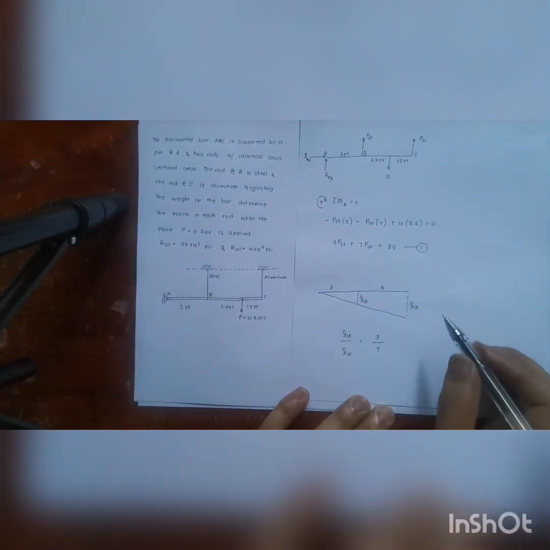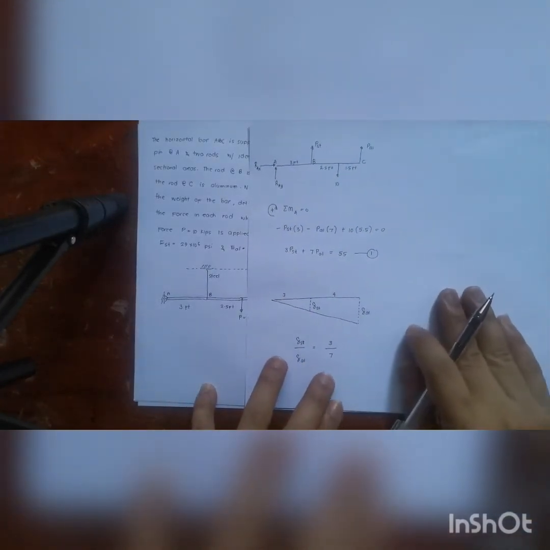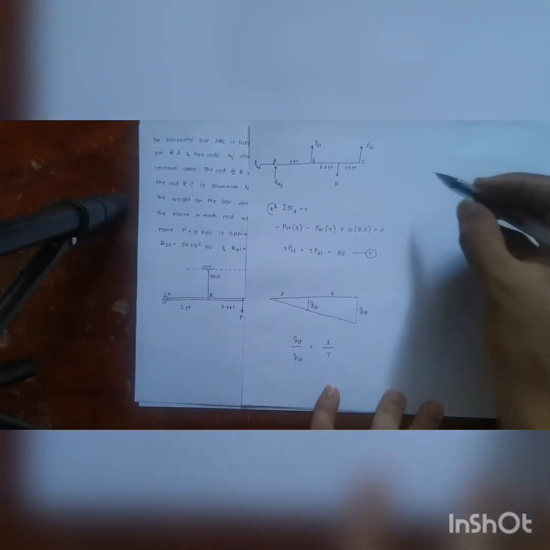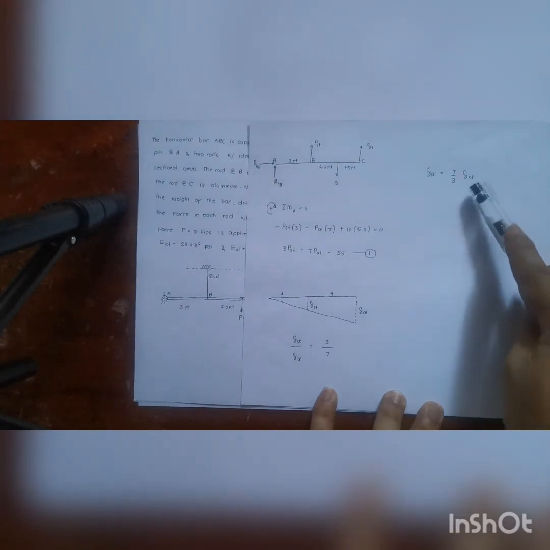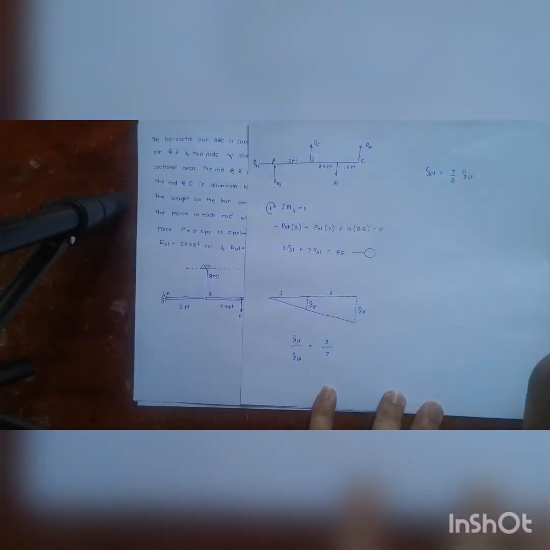Therefore, by cross multiplication, the deformation of aluminum is equivalent to 7 over 3 of the deformation of steel, or we can say the deformation of steel is 3 over 7 of the deformation of aluminum.